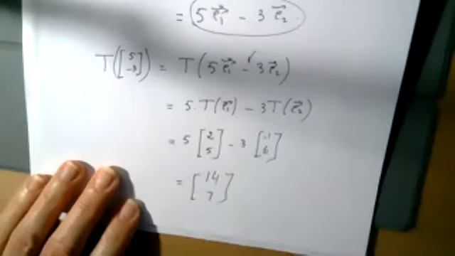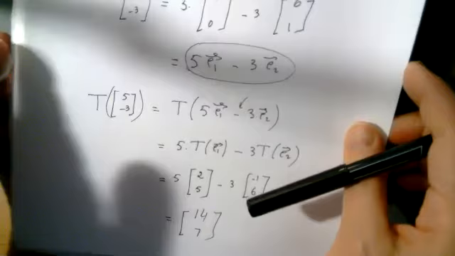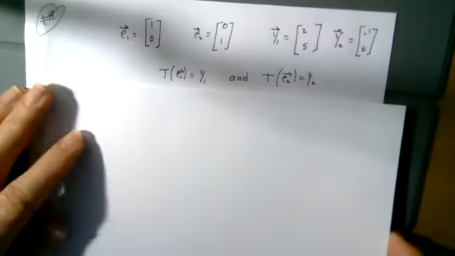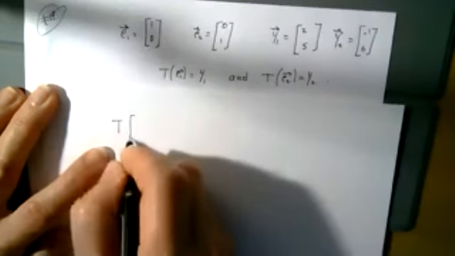Any question? All right, now we're going to do the same one, but instead of 5 minus 3, x1, x2. And this is basically my new material. But I'm going to use the same problem. So my problem now, find T of x1, x2.